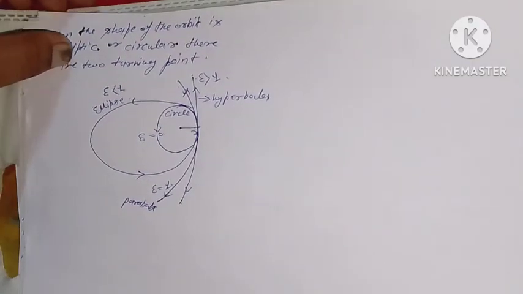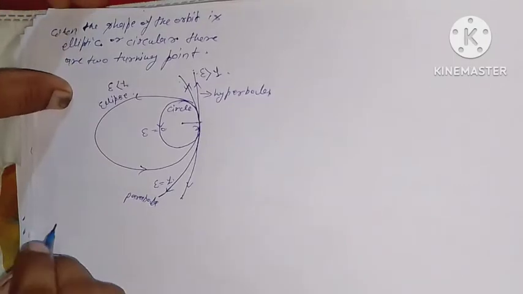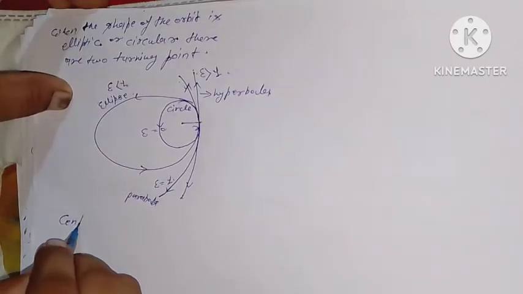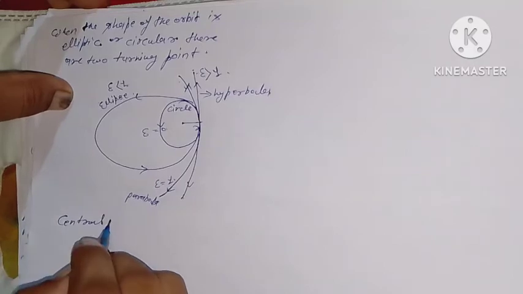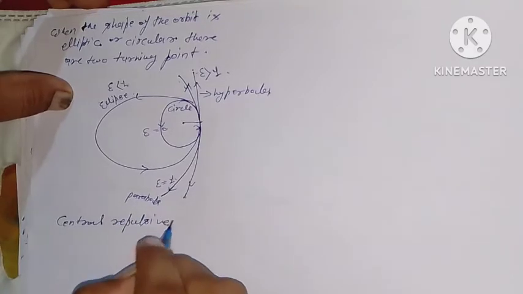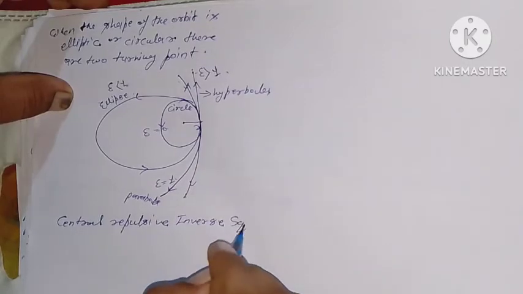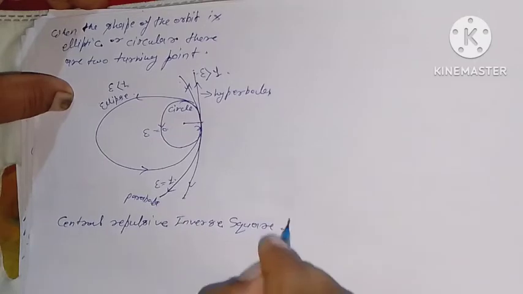And the second point is central repulsive inverse square force.